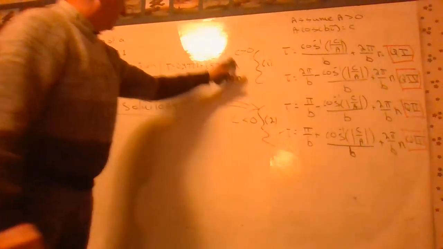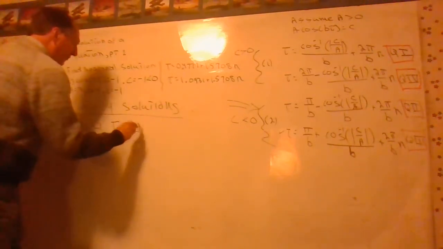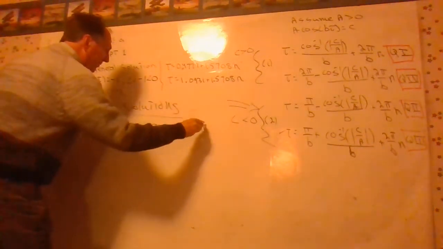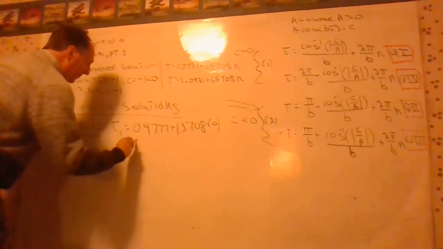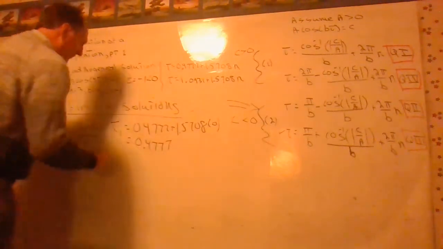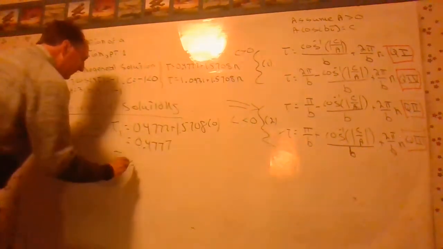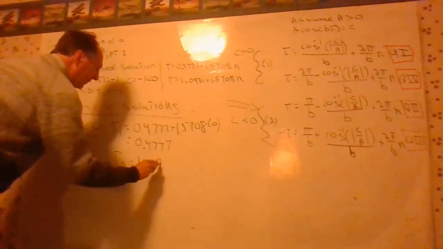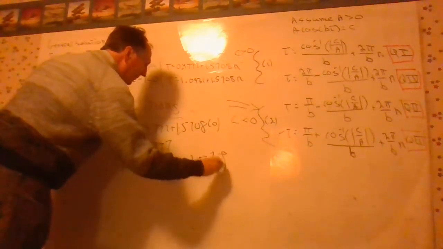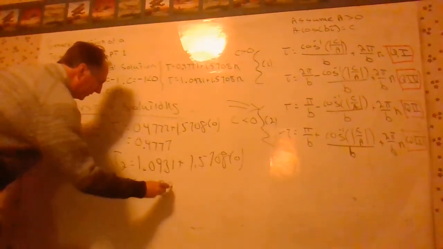So we're going to plug 0 in for n, and you can call this T1 equals 0.4777 plus 1.5708 times 0. And guess what? That's 0.4777. That just zeroes out. T2, you can plug 0 in here. 1.0931 plus 1.5708 times 0, and that's 1.0931.